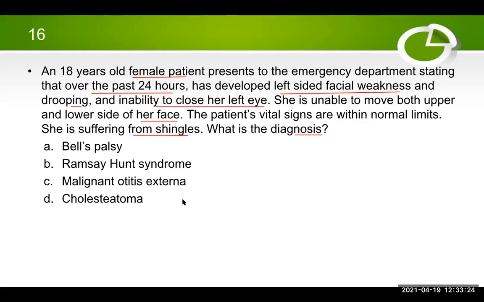This squamous epithelium is an active type of epithelium. It can erode the bone. There are different types: congenital cholesteatoma and acquired cholesteatoma. So please prepare that topic quite well. Not only the ENT surgeon, but any other teacher can also love to ask that question to you.